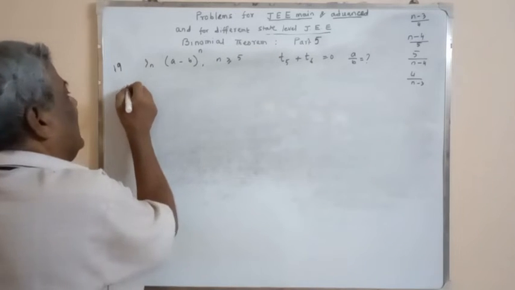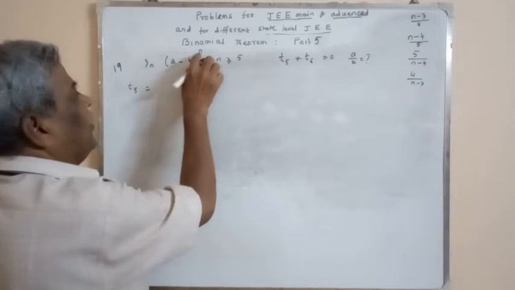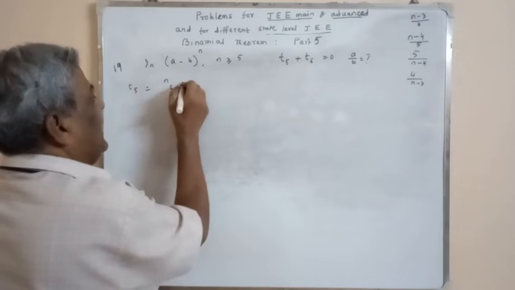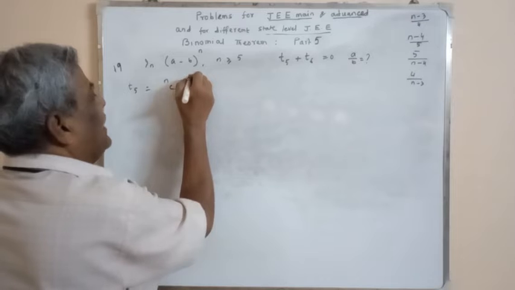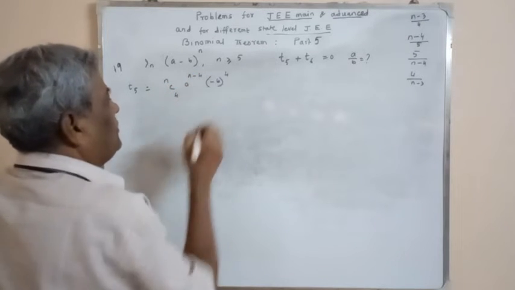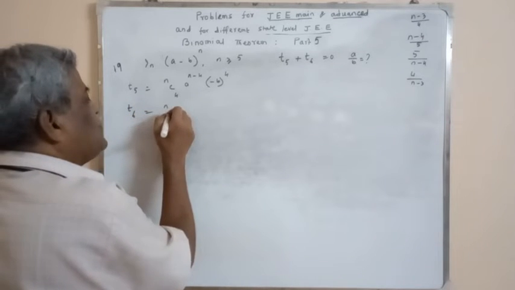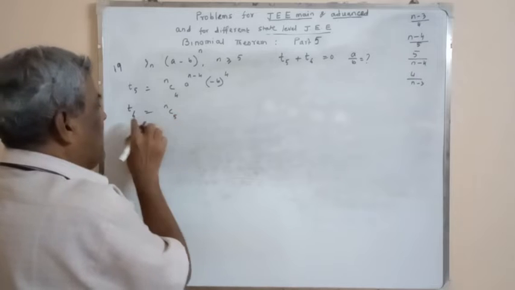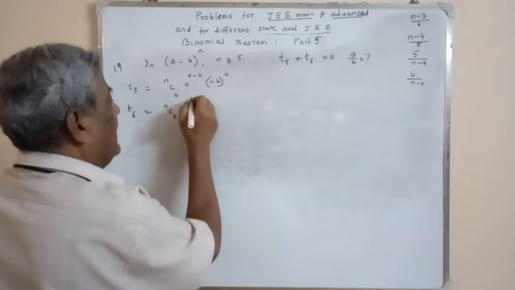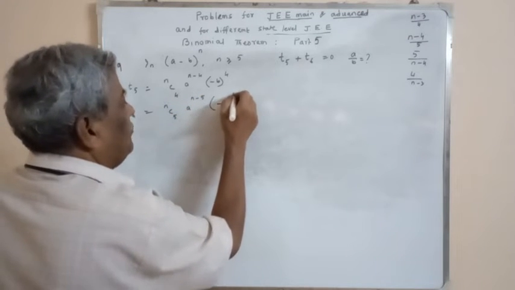So clearly T5 is equal to the fifth term of that expansion, so nC4 a to the power n minus 4 and (minus b) to the power 4. T6 is equal to nC5. It is just one less than that, always. a to the power n minus 5 into (minus b) to the power 5.